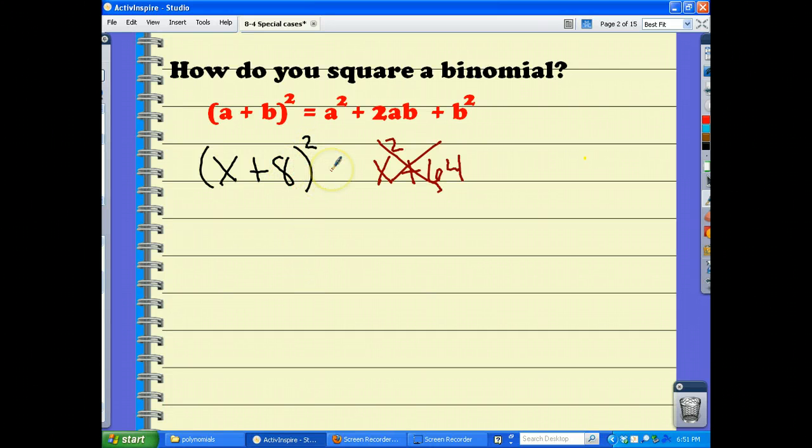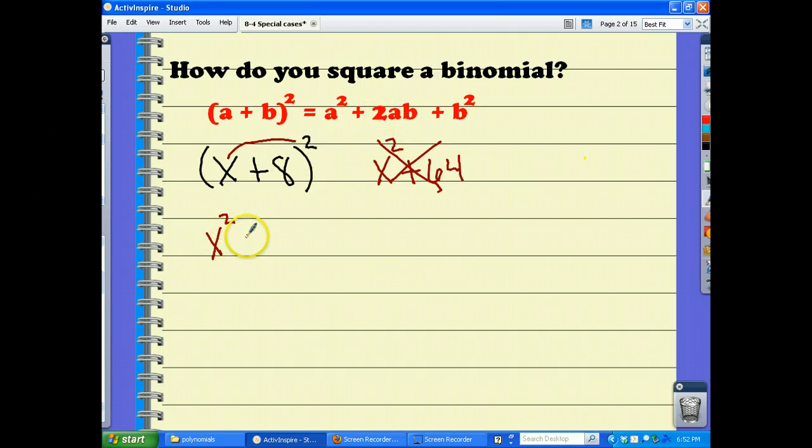So let's go ahead and give it a shot on this one. x squared, that's going to be right there. That's your first term. Now the part we have to focus on is the middle term. My a and b, so I multiply the x times the 8. That gives me positive 8x, but then I have to multiply that by 2.